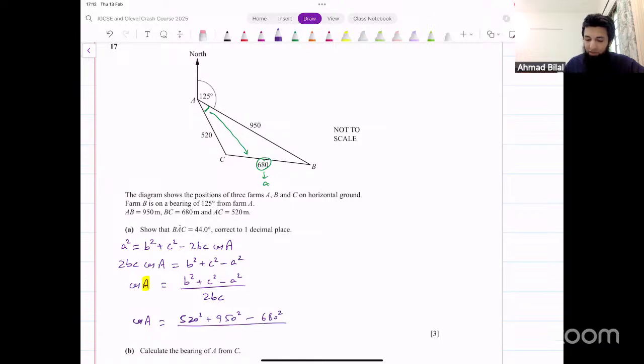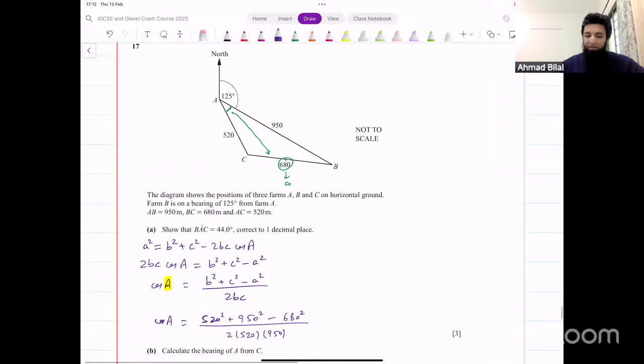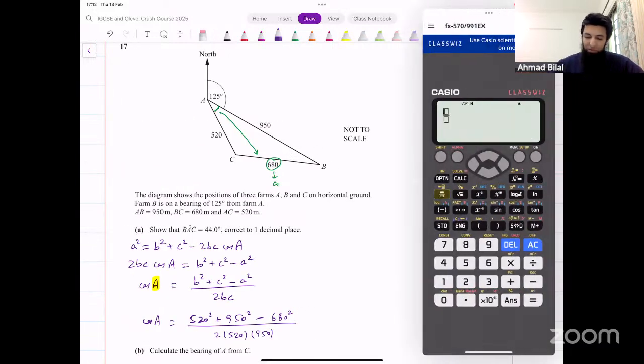And then in the denominator, we have 2 times 520 times 950. We can put this whole thing on our calculator and see what that gives us. Use the fraction button: 520 squared plus 950 squared minus 680 squared divided by 2 times 520 times 950. Okay, that's what we're getting.